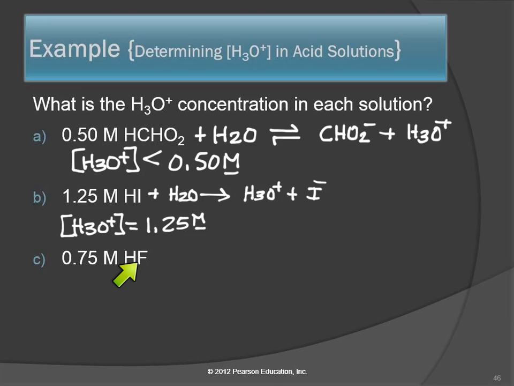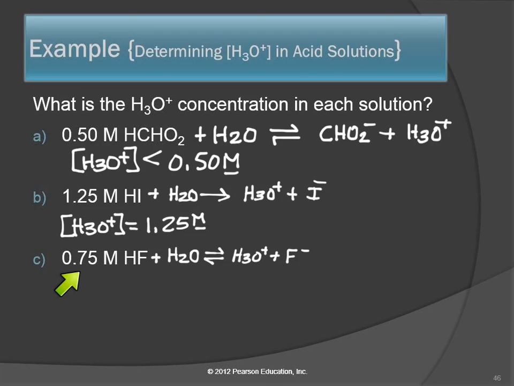What about HF? Is this a weak acid or a strong acid? This is a weak acid. It's not one of the 6 strong acids. It does donate protons. It does act as an acid. But it only does it partially. Some, in fact, a lot of the HF stays together.